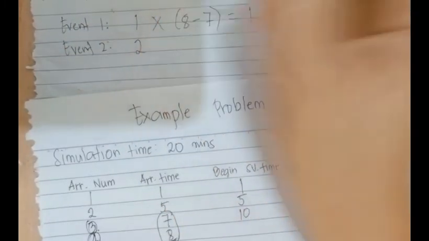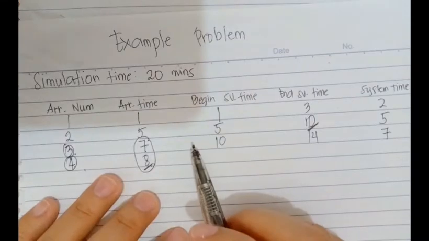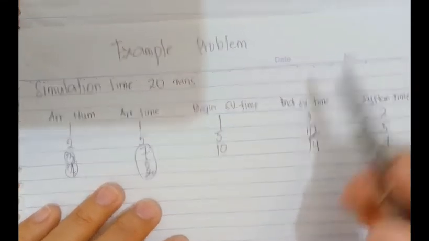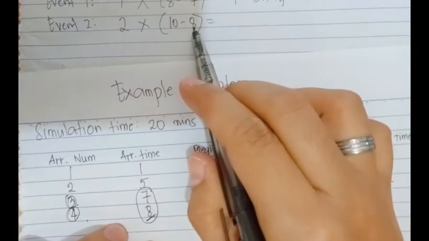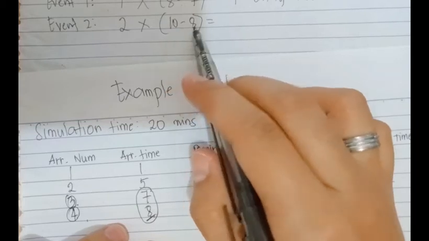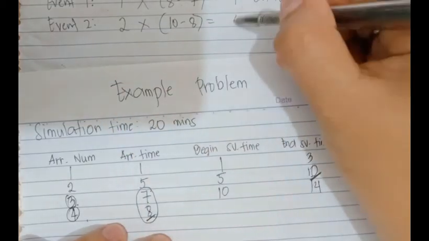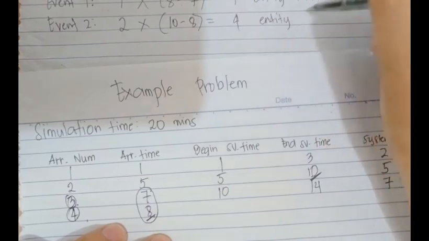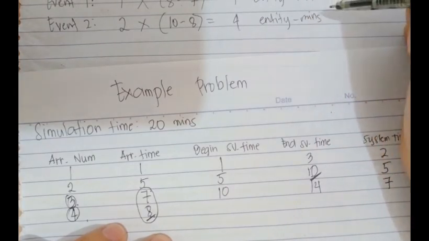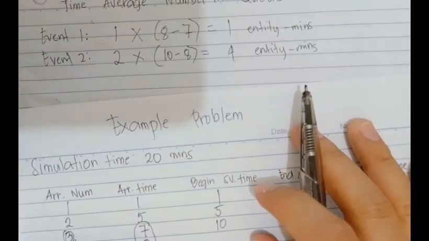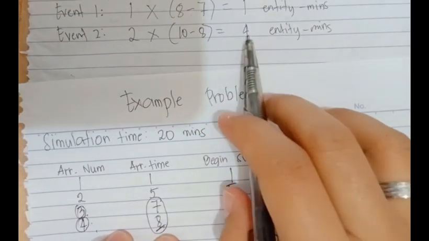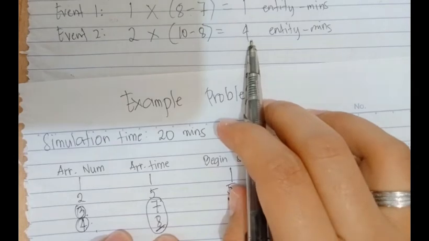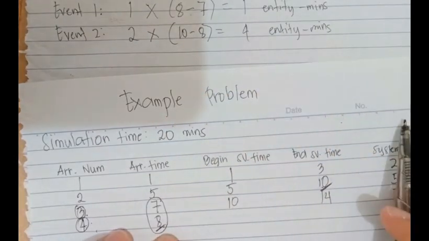So event 2, we have 2 entities times our relevant time, 8 to 10 minutes. This is 10 minus 8, which is 2. Times 2, this is 4 entity minutes. Meaning, there are 2 entities, 3 and 4, waiting in the queue for 2 minutes, between 8 to 10 minutes.